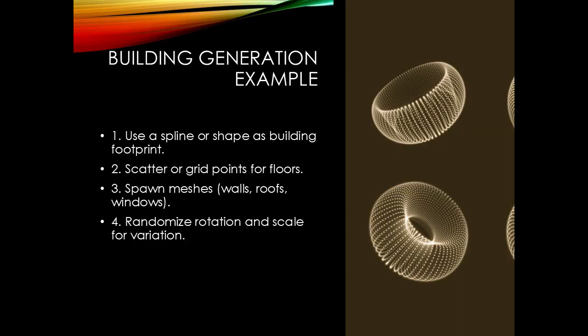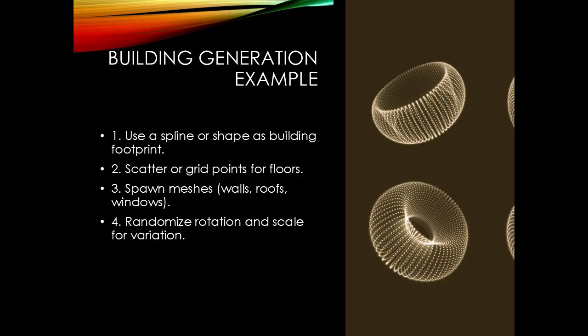Let's break down a simple procedural building generator. Start with a spline that outlines the footprint of your building. This lets you draw any shape: square, L shape, curved, etc. Use a scatter or grid node along that spline to generate points where all wall modules will go. You can adjust spacing to match your modular asset size.